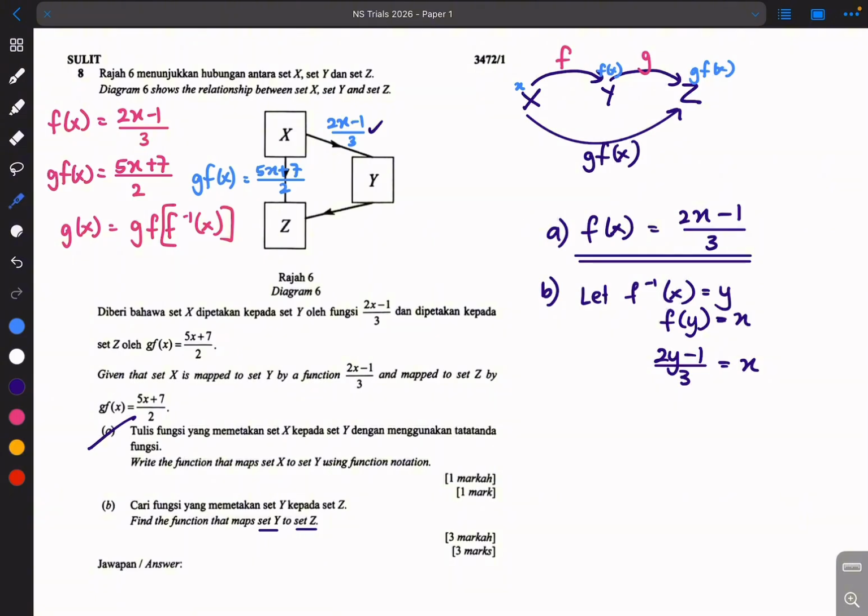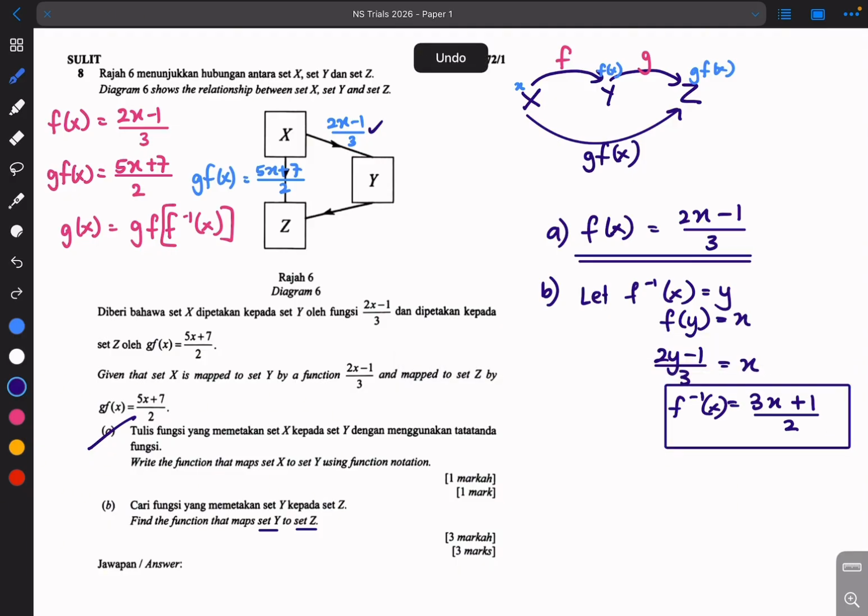Then from here we need to make y the subject because y is the one that represents f inverse of x. So we try to make y the subject. 3x plus 1 divided by 2. So we can say f inverse of x is 3x plus 1 over 2. Okay, we got this guy ready.